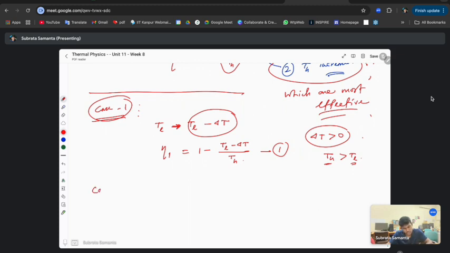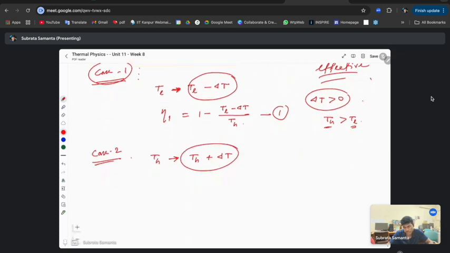And case 2, so TH is TH plus delta T, right? So increase the temperature of the high temperature bath. So TH plus delta T, where delta T is positive. In this case, the efficiency eta 2 is 1 minus TL over TH plus delta T, right?